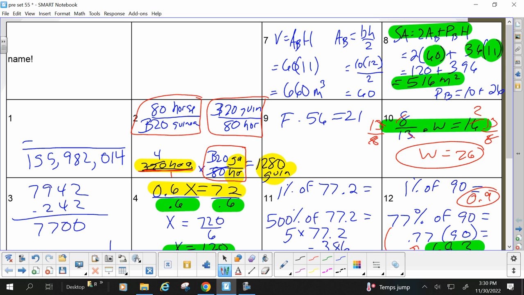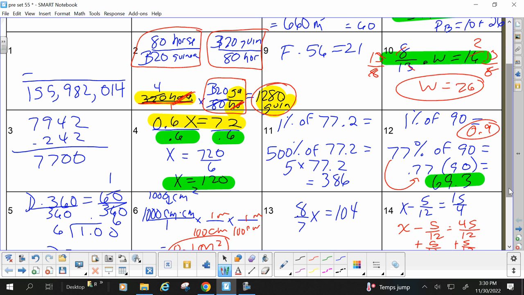You multiply by the rate that converts horses into guineas by cross-canceling the horses, and you reduce a little bit. Hopefully you see something like 1,280 guineas as an answer. If you forgot your units, throw a G on there, but don't mark it wrong.